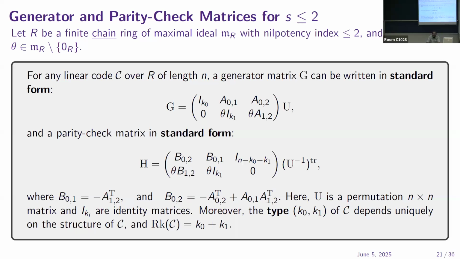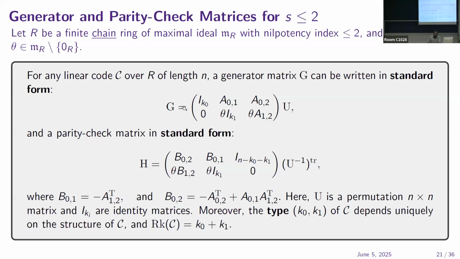We know that we have K0, K1. This is the free part of the linear code C. So K0 is the number of free rows of the matrix, and K1 is the number of non-free rows. From this G can be obtained the parity check matrix.